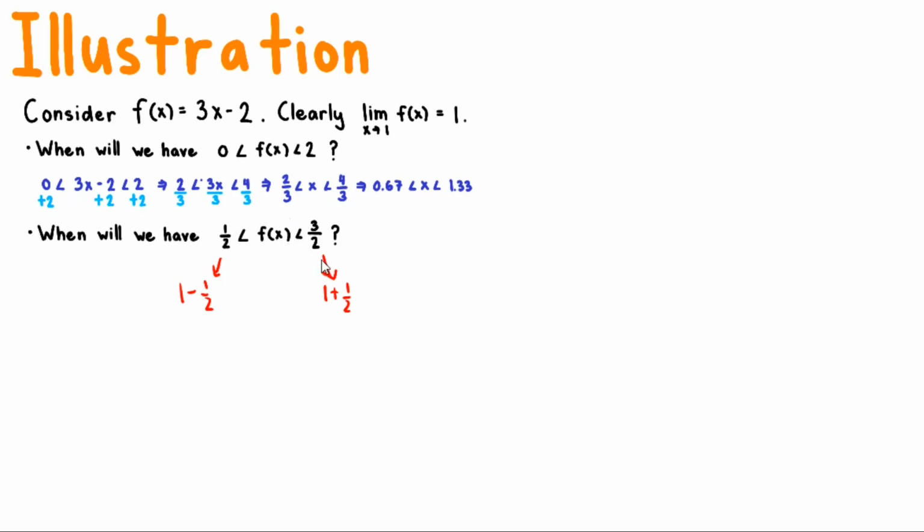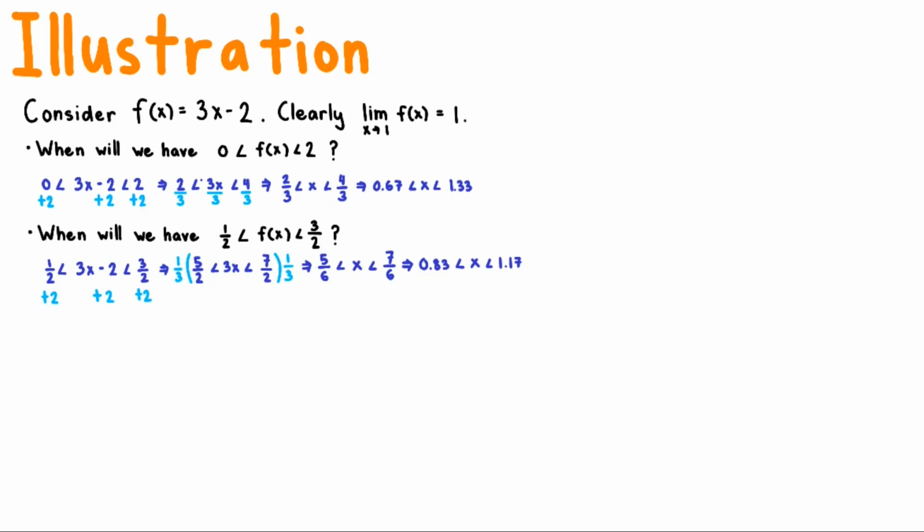Or for what values of x will this inequality hold? We just plug in 3x minus 2 in this inequality. So we'll have this. Do the same steps as in the first one. Add 2, we get this. Divide by 3, and we get this. Or in decimals, this is around 0.83 for the lower bound and 1.17 for the upper bound.